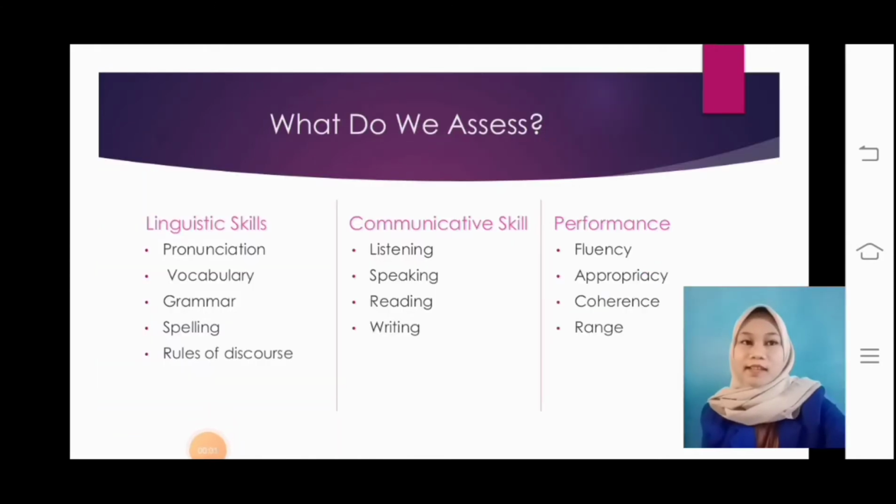What do we assess? In teaching English for speakers of other languages, we usually assess some aspects such as linguistic skills, communicative skills, and performance. Linguistic skills consist of pronunciation, vocabulary, grammar, spelling, and rules of discourse.